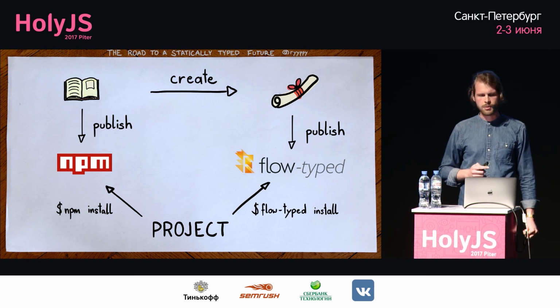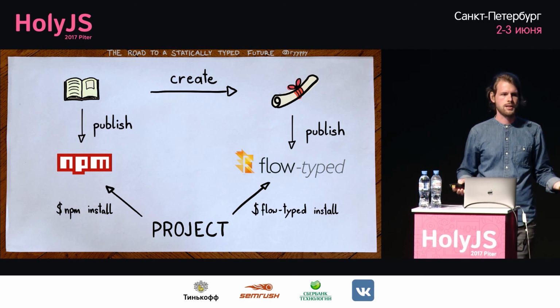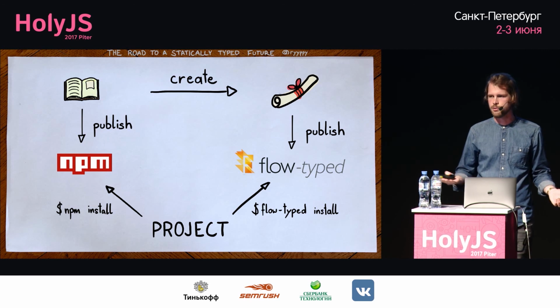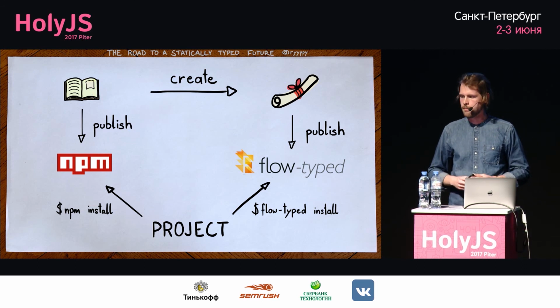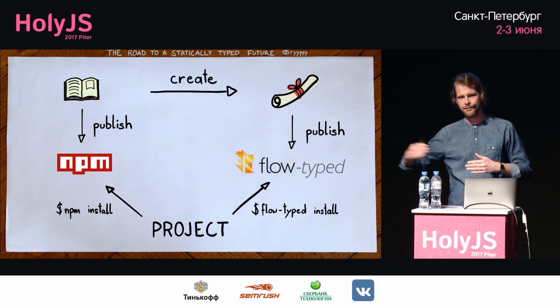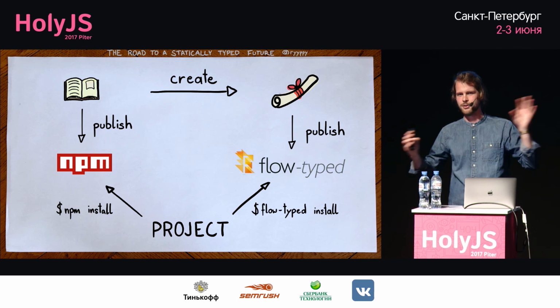And a lot of people ask me, well, can't you just distribute your Node module with Flow typings and then you consume them? Yes, it's possible. The problem is, most of the time, third-party libraries also depend on third-party libraries. So you have this graph problem of Node modules, where you download the whole internet.